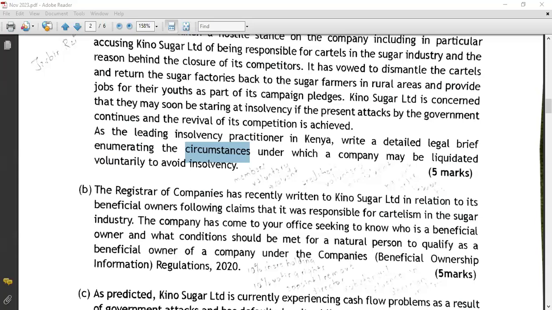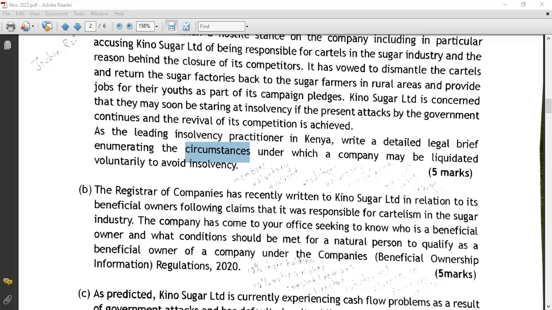Voluntary liquidation questions have been asked in the past, if you've interacted with the questions and answers. But what I think has not come, and it might come, is anything to do with the process of members voluntary liquidation.